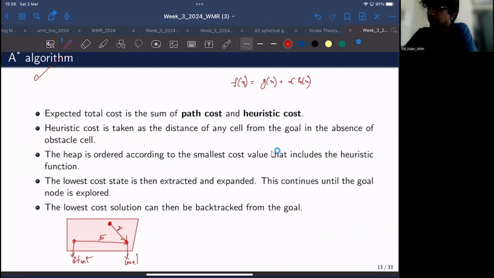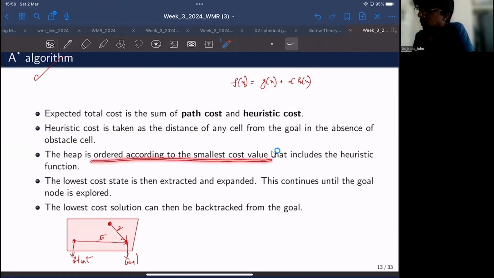Just like Dijkstra, the heap is ordered according to the smallest cost value that includes the heuristic function. Just like how we ordered the Dijkstra nodes based on which node has minimal cost function, we do the same thing. But in this case, we also have the heuristic cost as non-zero.